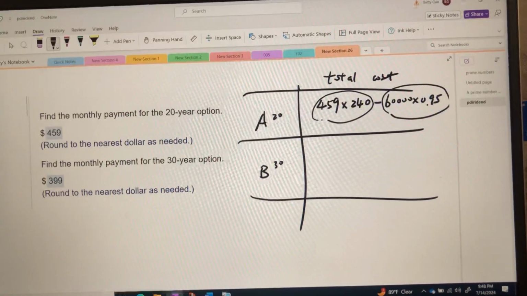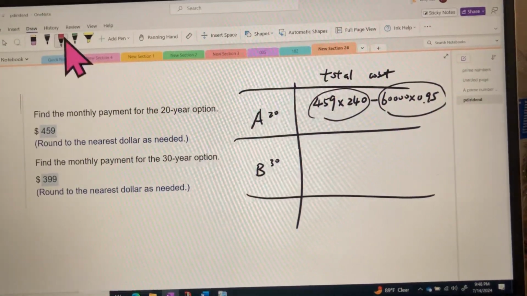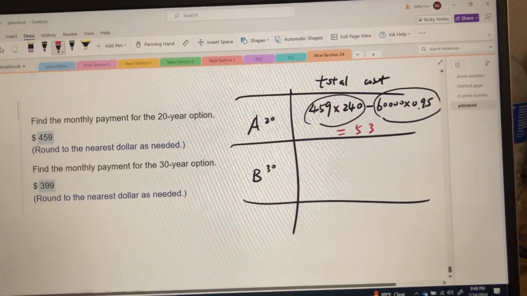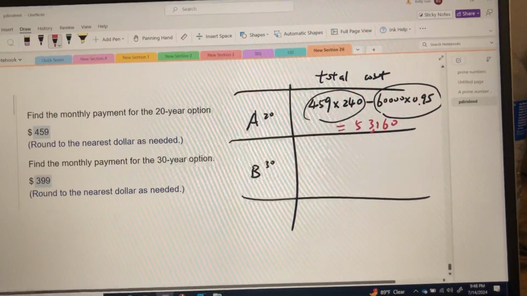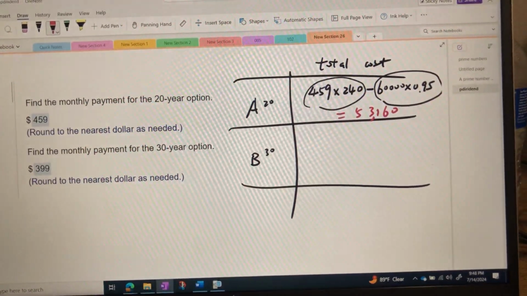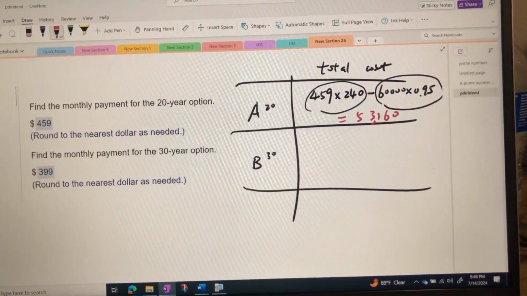So the total cost of interest for the 20-year mortgage option is $53,160. So that's plan A, 20-year, fixed at 7.5%.